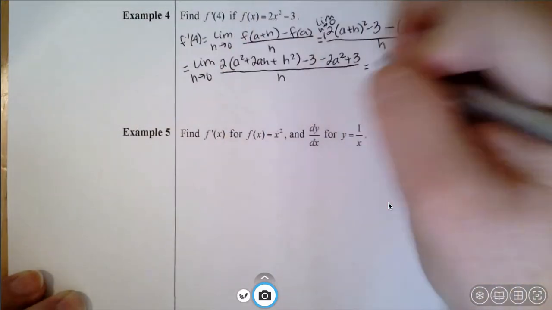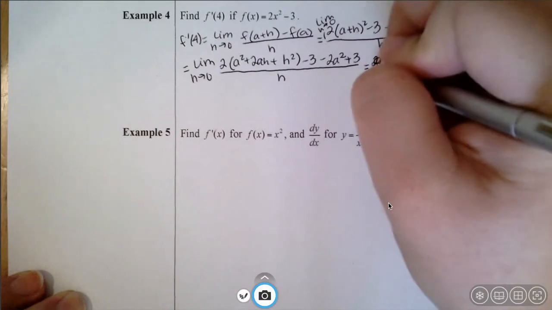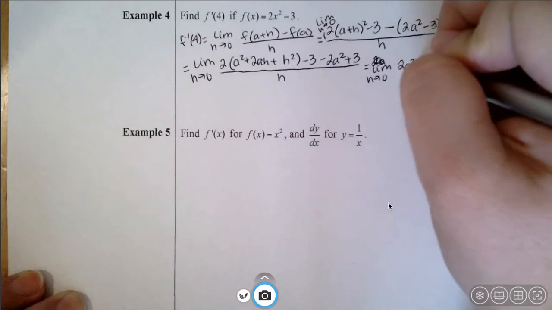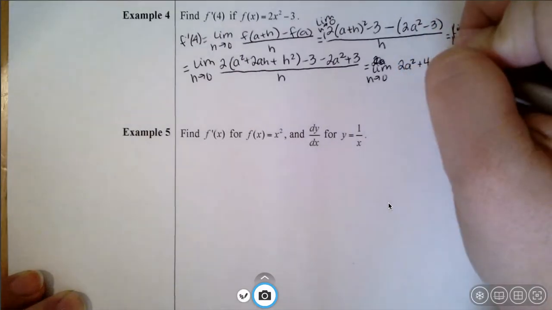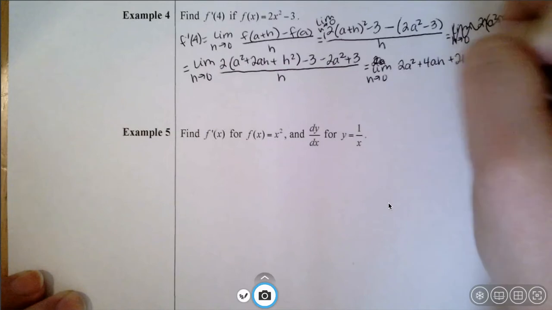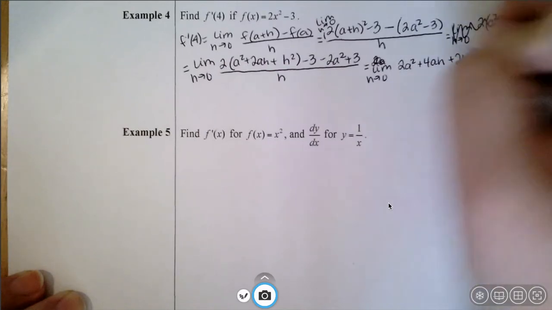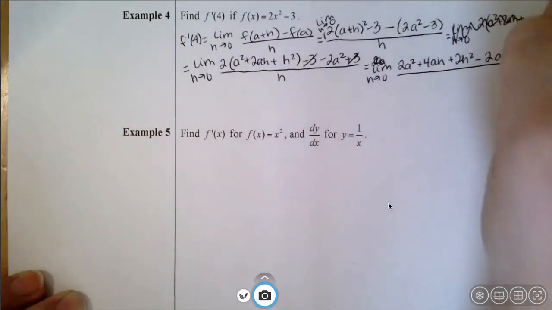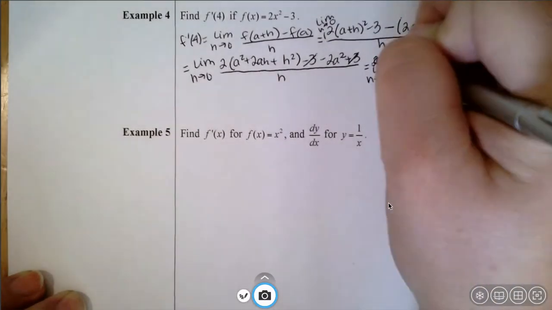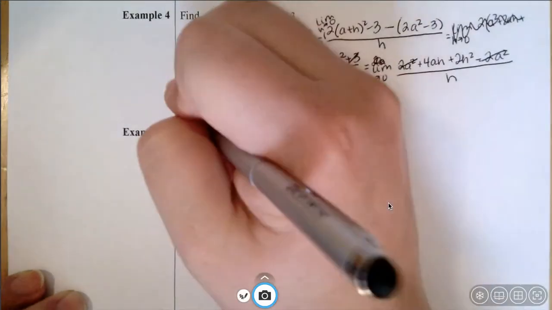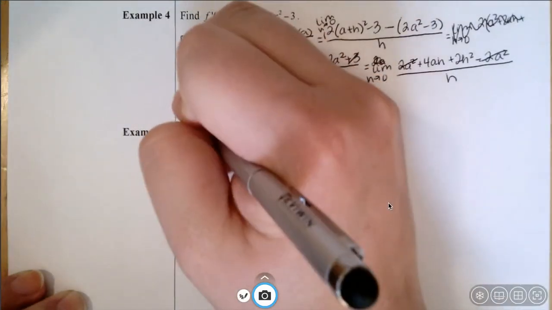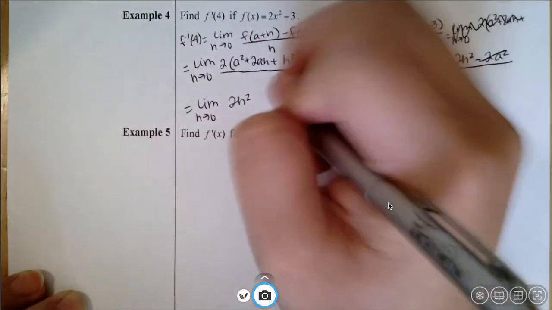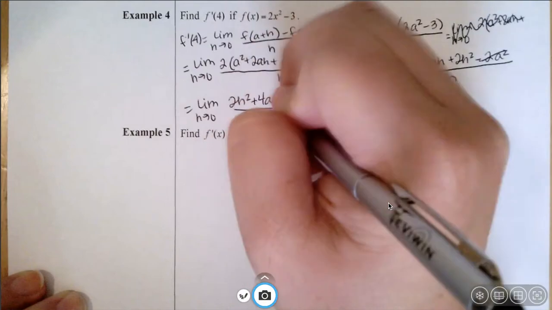Distributing the 2, we get the limit as h approaches 0 of 2a squared plus 4ah plus 2h squared minus 3 plus 3 goes away, 2a squared all over h, 2a squared goes away. So we get the limit as h approaches 0 of 2h squared plus 4ah over h.